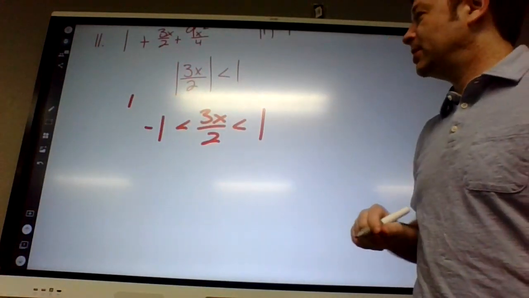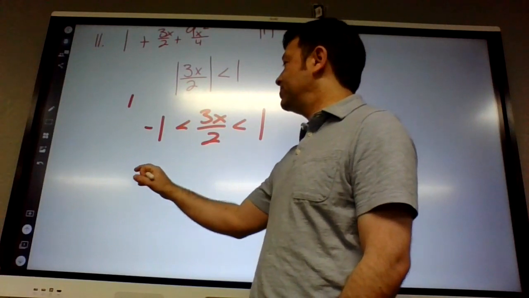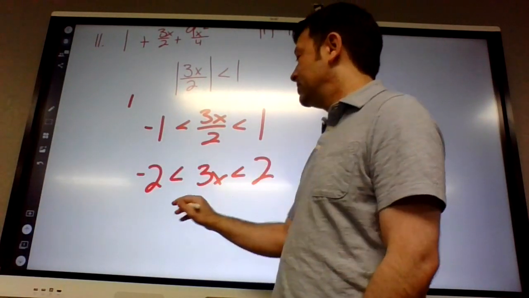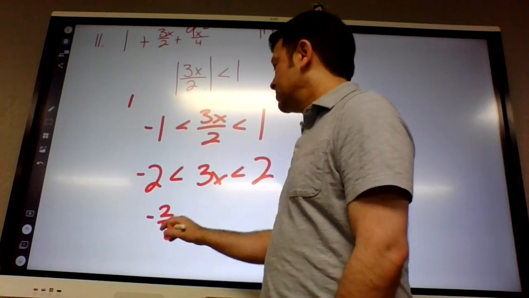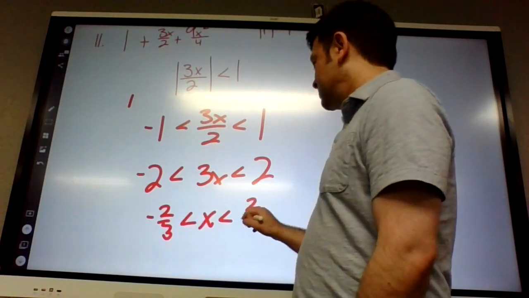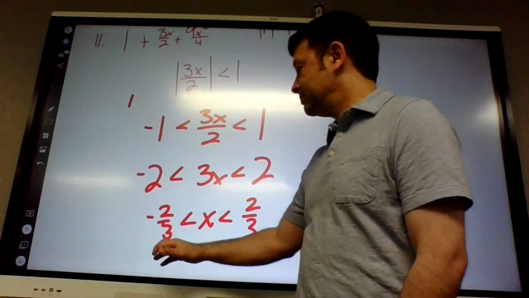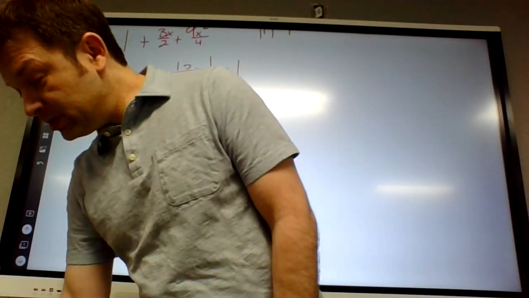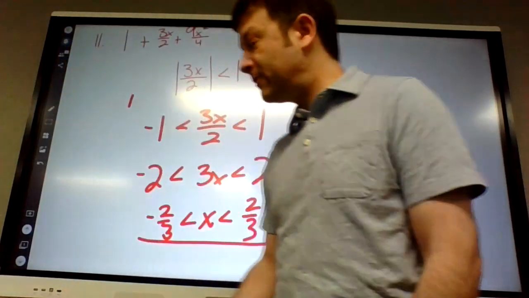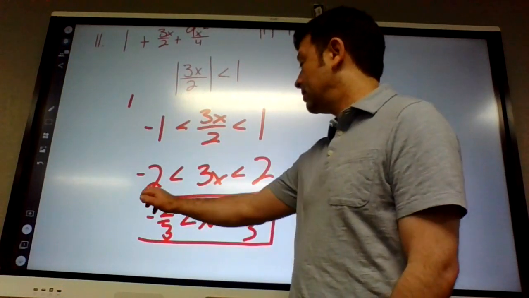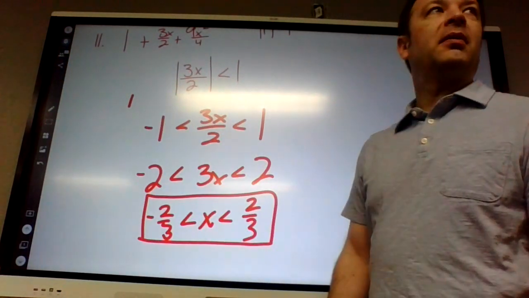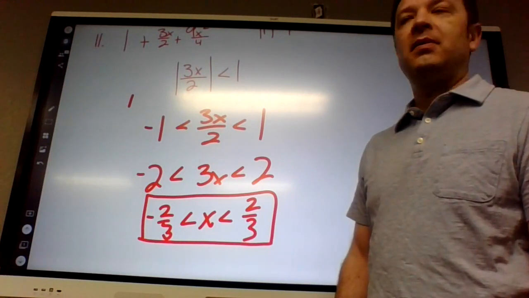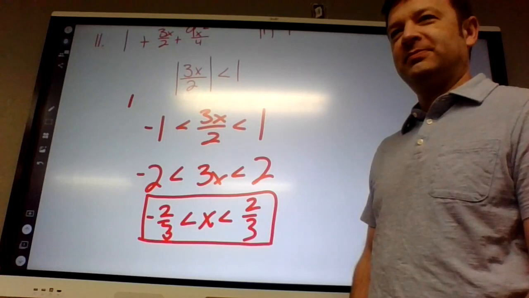Smartboard's not that smart. So if you multiply by 2 on all sides and divide by 3, that's the, what do they call it, the interval, what interval? Convergence, interval of convergence.